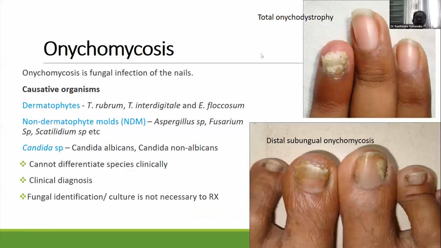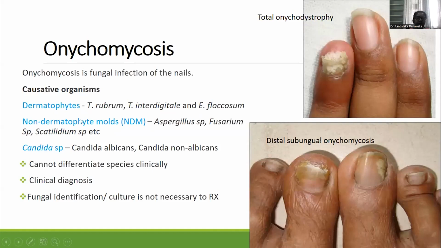So this is onychomycosis. Onychomycosis is fungal infection of the nails. And causative organisms are all 3: dermatophytes, non-dermatophyte molds, and candida. Right? All these can cause onychomycosis. But for our management, that is not important.